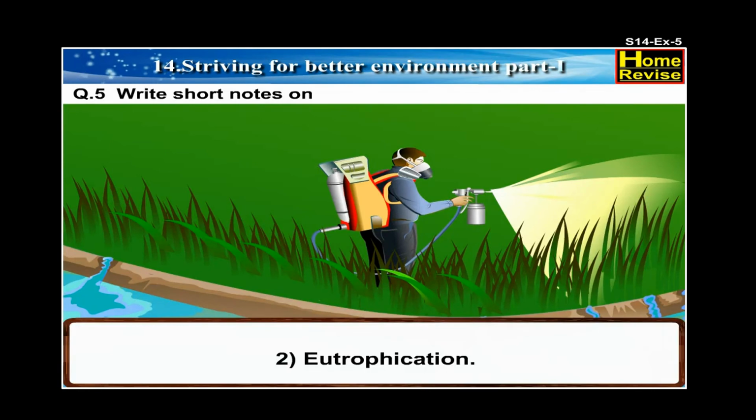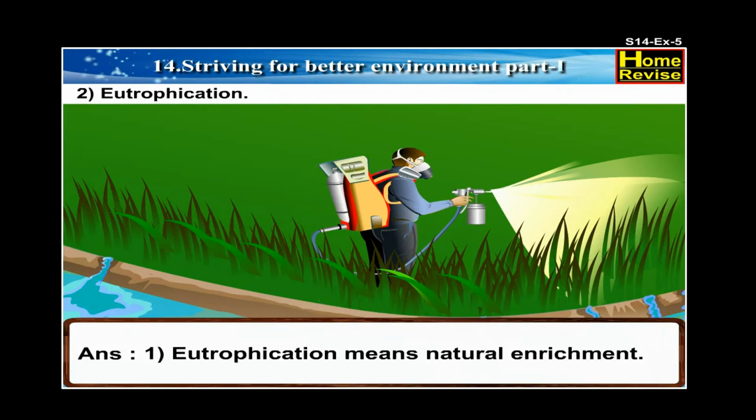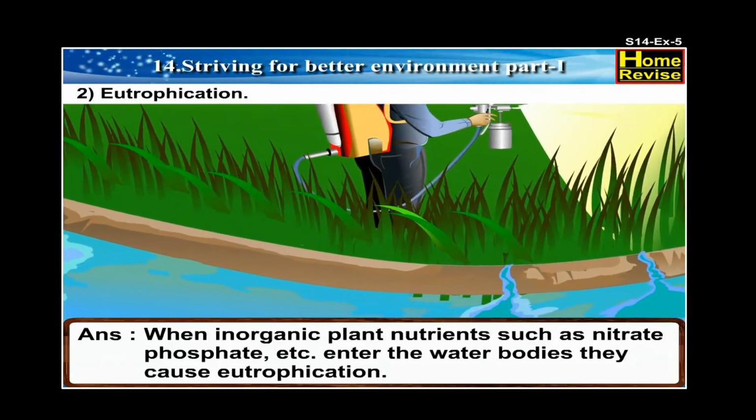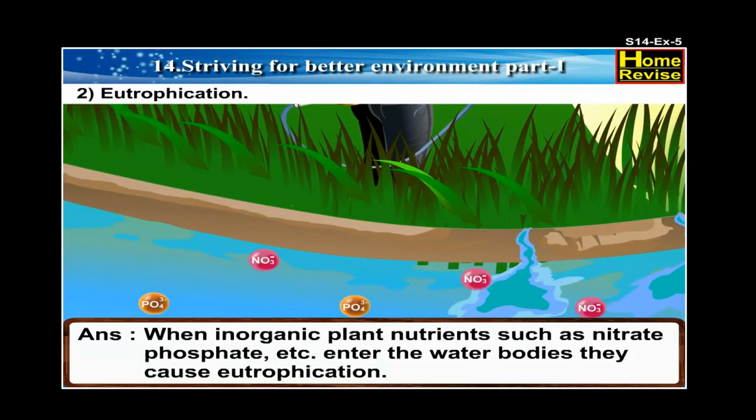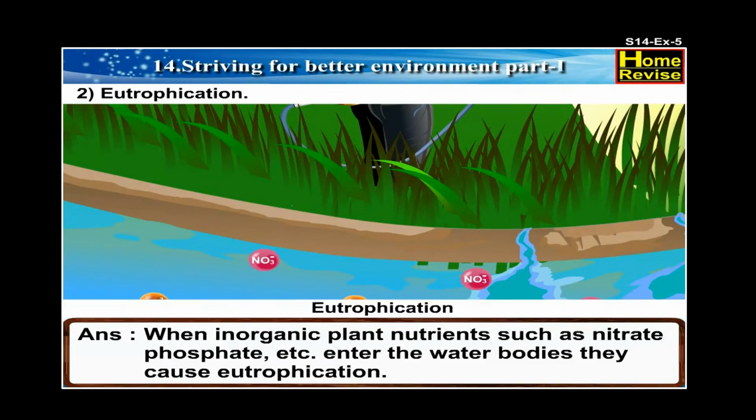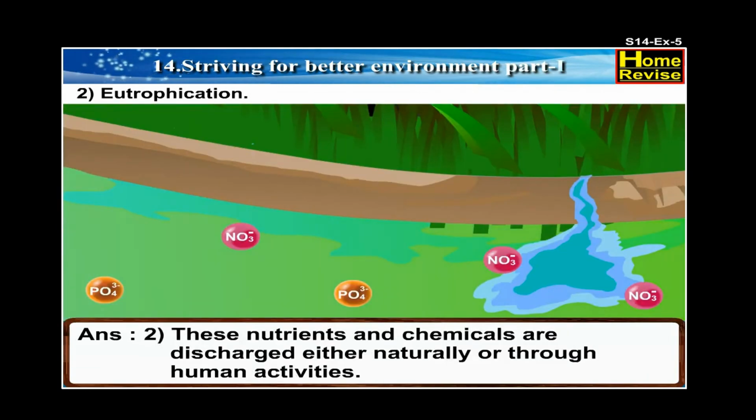Two. Eutrophication. Answer. 1. Eutrophication means natural enrichment. When inorganic plant nutrients such as nitrate, phosphate, etc. enter the water bodies, they cause eutrophication. 2.